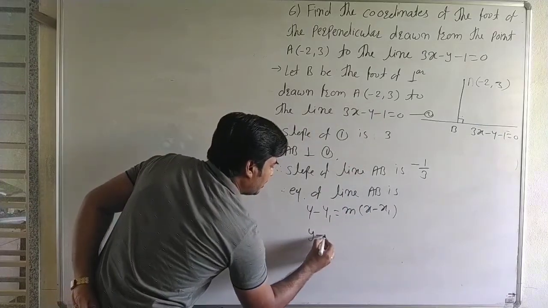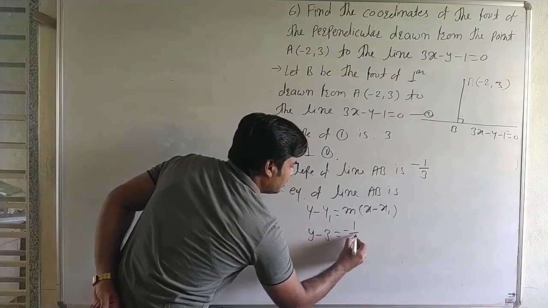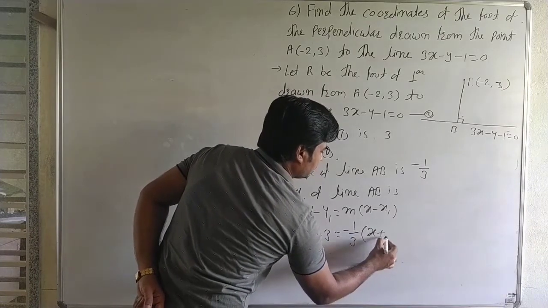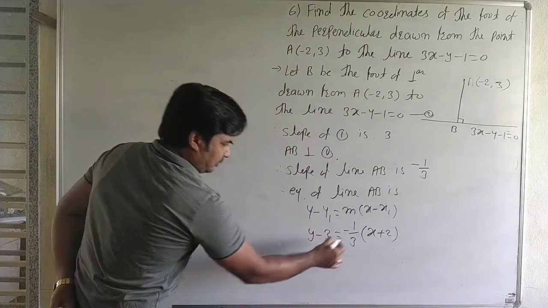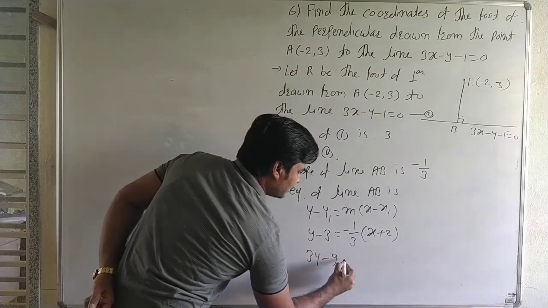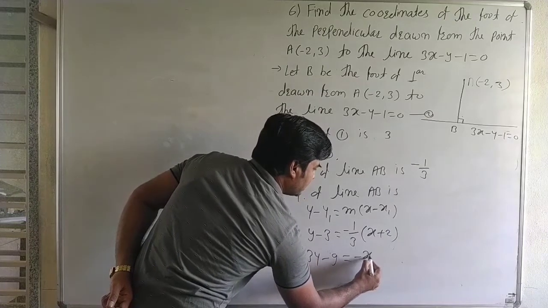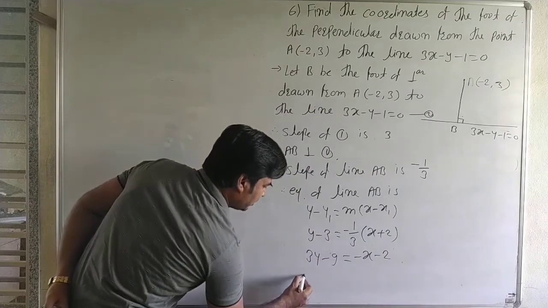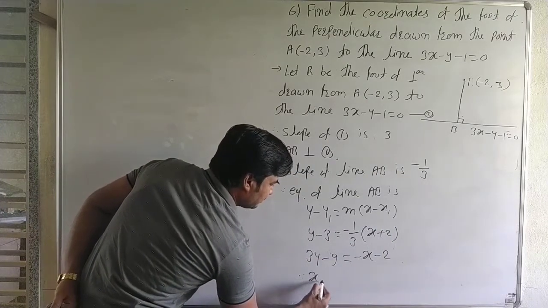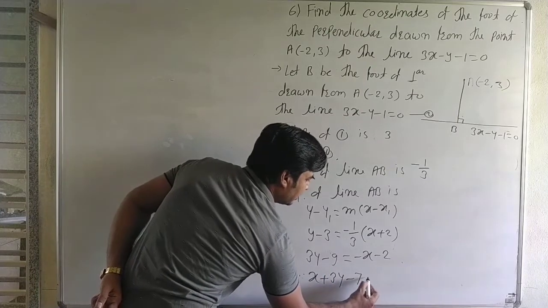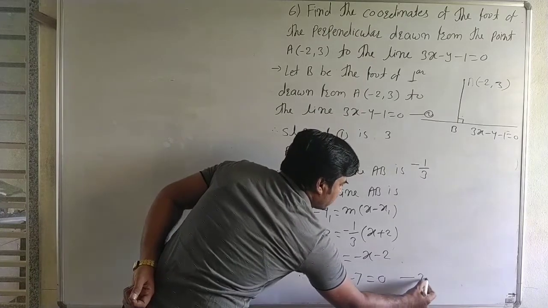Therefore y minus 3 is equal to minus 1 by 3 into x plus 2. Multiplying by 3, we get 3y minus 9 is equal to minus x minus 2. Therefore x plus 3y minus 7 is equal to 0. This is equation number 2.